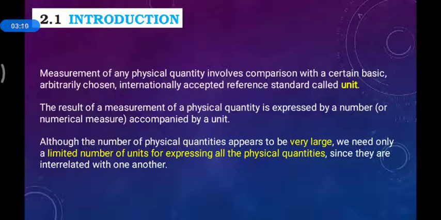We need only a limited number of units for exploring all physical quantities. The task is to make a certain number of units, not a unique unit for everything. We should have a limited stock of units, using which we can derive the others, since they are related with one another.